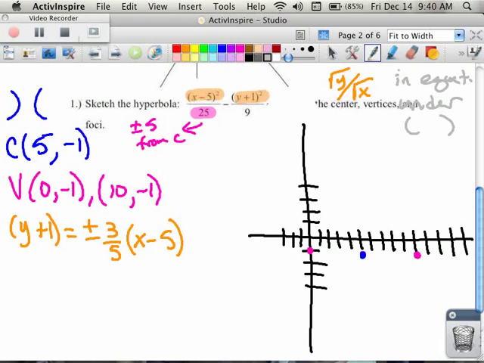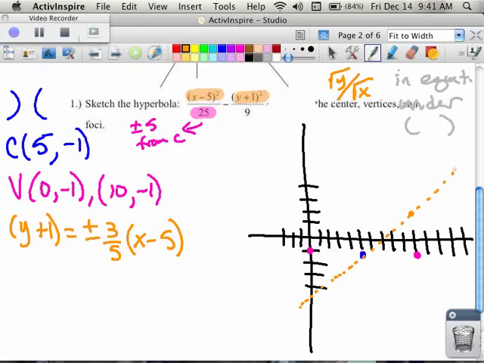And the slope, there are two of them, 3/5 and -3/5. That means to get to the next point in one of my asymptotes, I would rise 3 and run 5. Or in other words, I would go up 3, 1, 2, 3, and go right 5. And this would be the other point. That means I would graph one of my asymptotes like this. That's an asymptote.